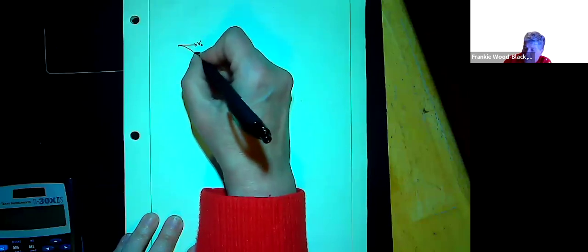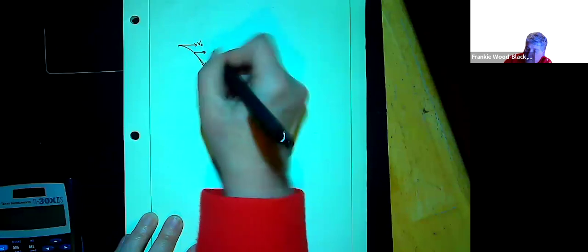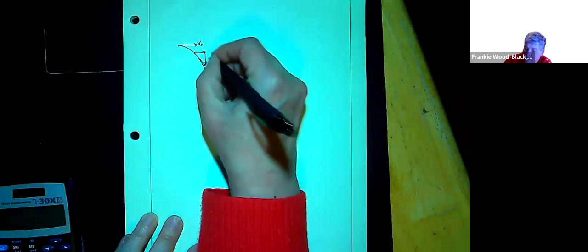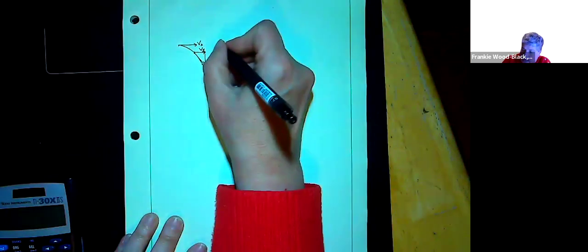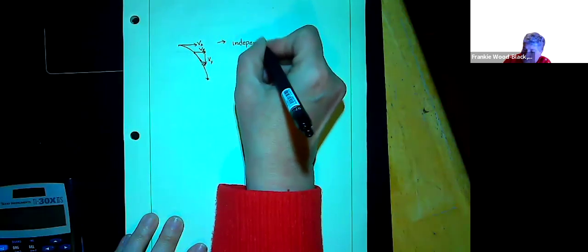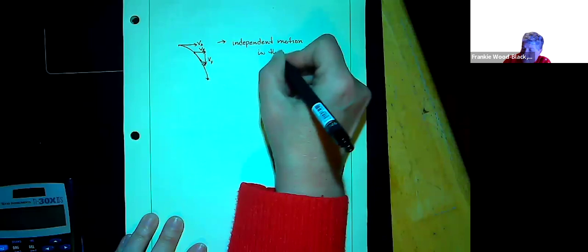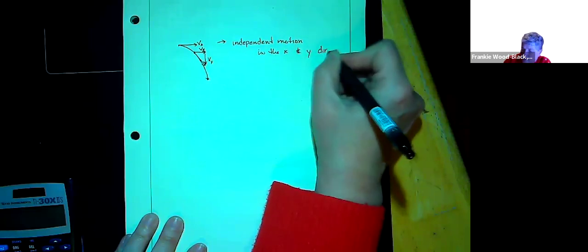If I'm looking over here, this is my vector tangent, but here's my Vx, and here's my Vy. I can add that Vx and that Vy because we have independent motion in the X and Y directions.